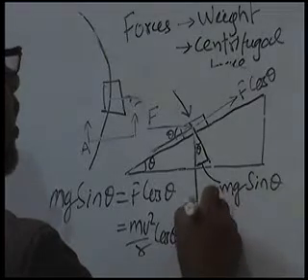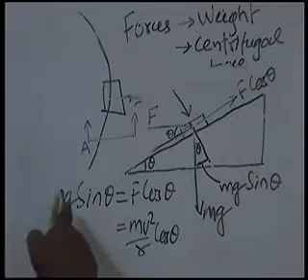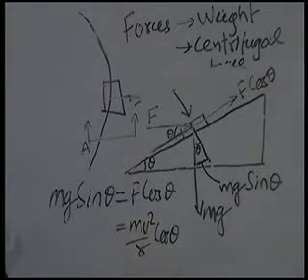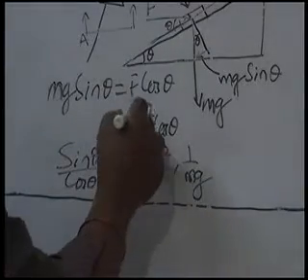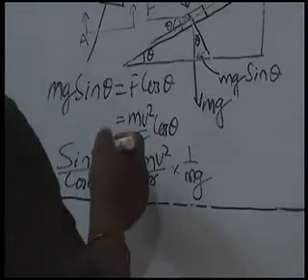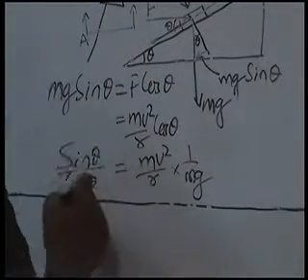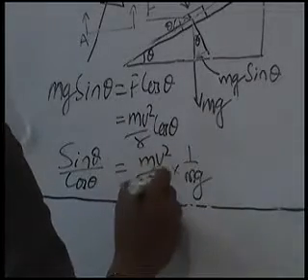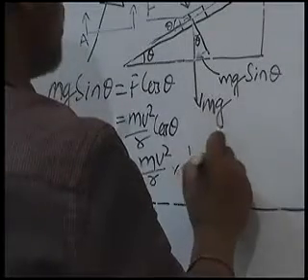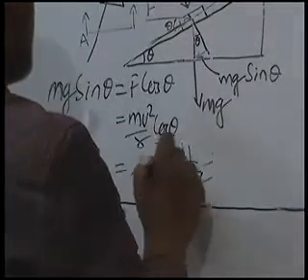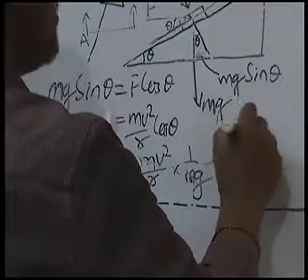If we bring cos theta to the left hand side, we get sin theta upon cos theta is equal to mv square by r into 1 by mg, that means v square upon rg.